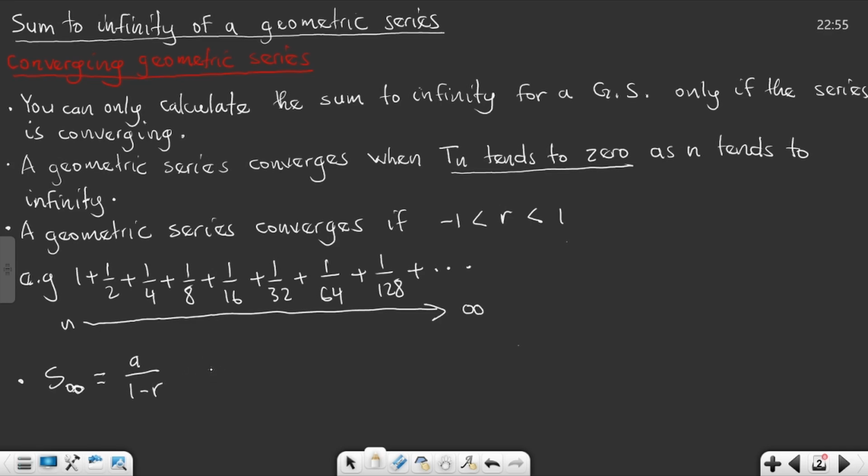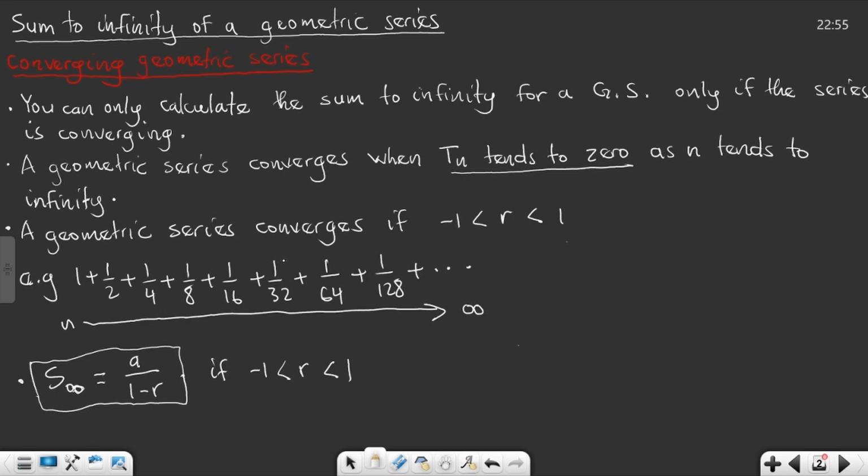This formula is applicable if the value of r is between -1 and 1. Remember, a is the first term and r is the common ratio. You use this formula to calculate the sum to infinity. So you can only calculate the sum to infinity when the geometric series is converging. So you know these are the points to check if the geometric series is converging.